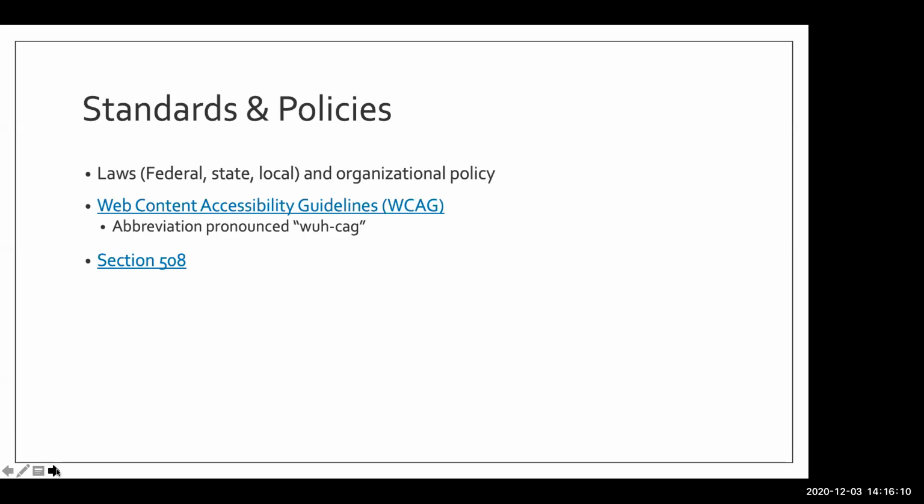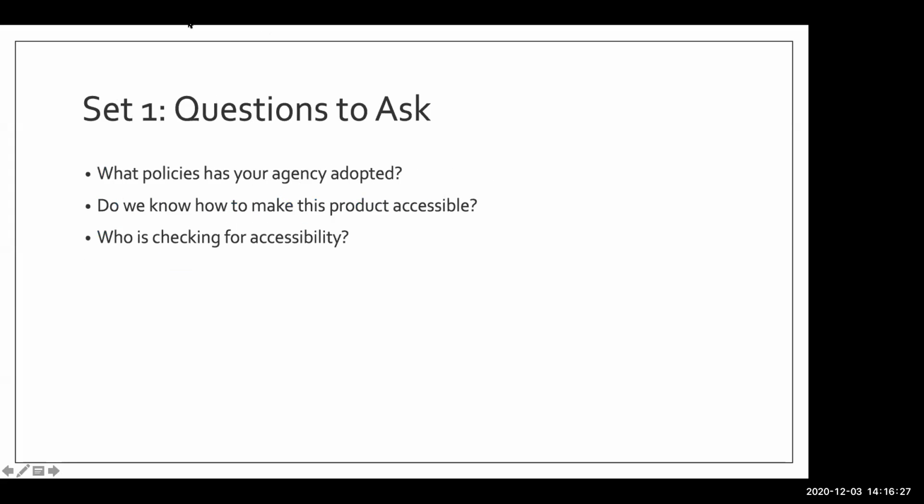So these two common and core standards are linked to, and if you're not familiar with them, they have tons of great resources for introductory as well as really advanced applications of accessibility. So I have included those on this slide as well.